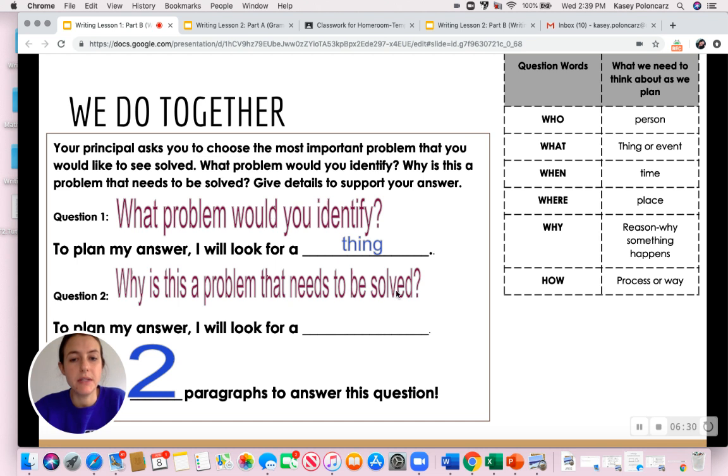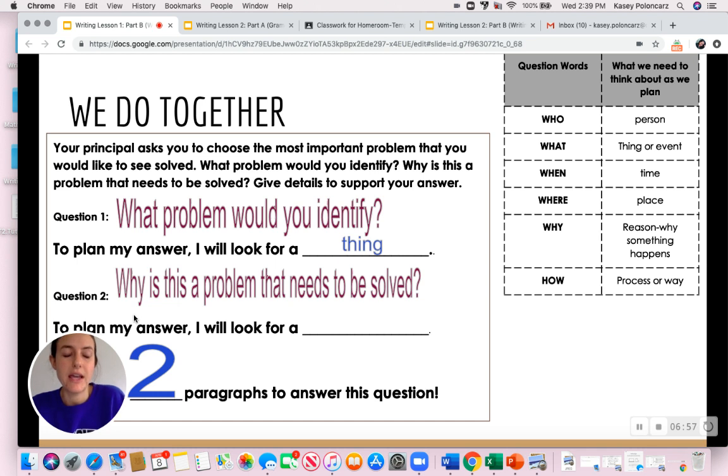Why is this a problem that needs to be solved? To plan my answer, I will look for, I want you to solve this by yourself. If you're having trouble, I want you to focus in on this question word. What is the question word in this statement? If you're saying why, you're absolutely right.